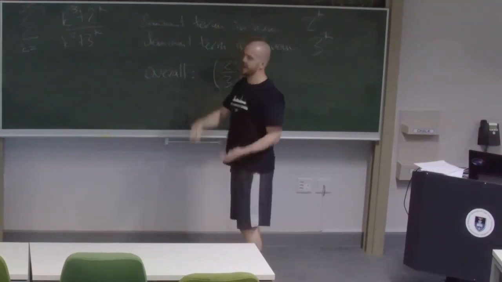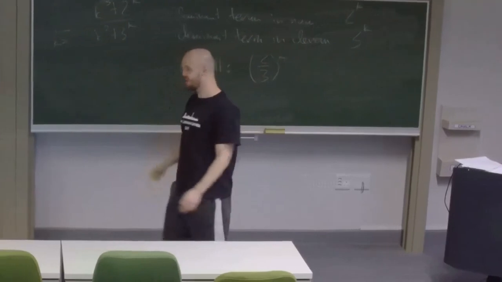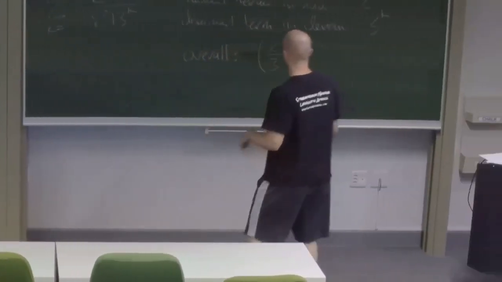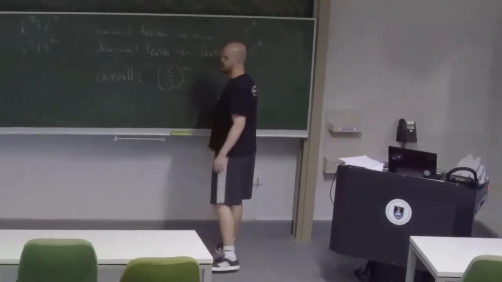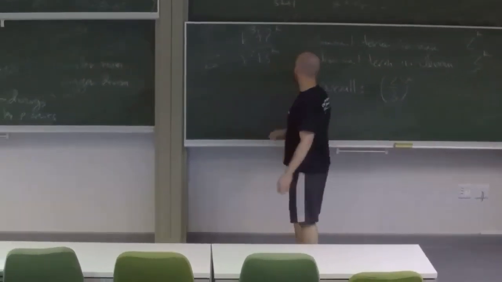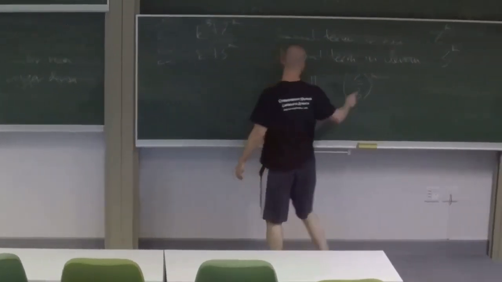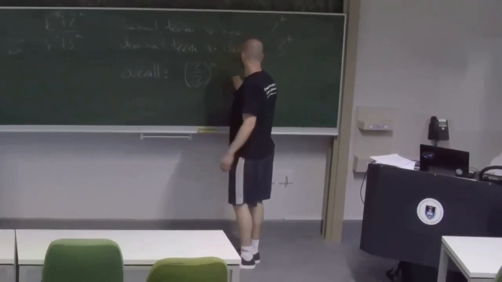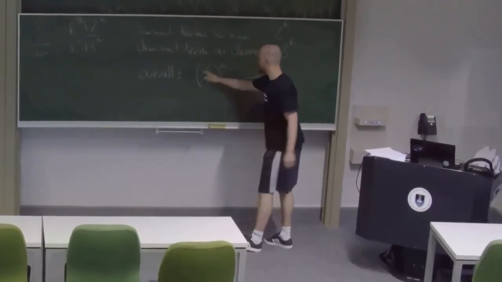I'm breaking from our previous pattern, so it's a very good question, but the intuition is still the same. As k gets larger and larger, the dominant thing is going to look like a geometric series, a convergent geometric series, because this is less than 1.